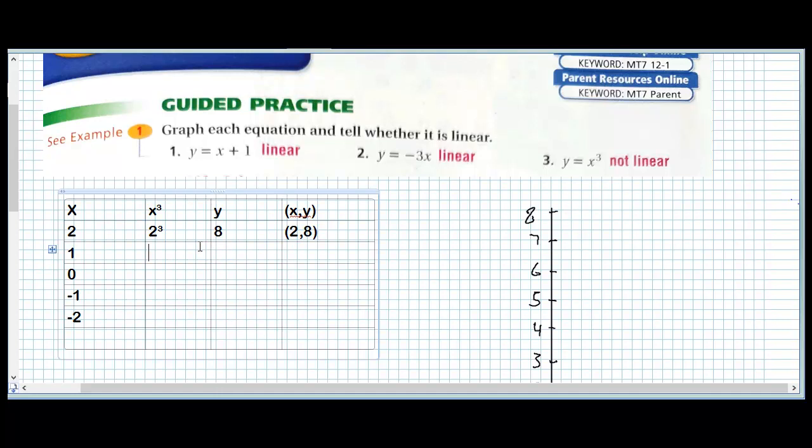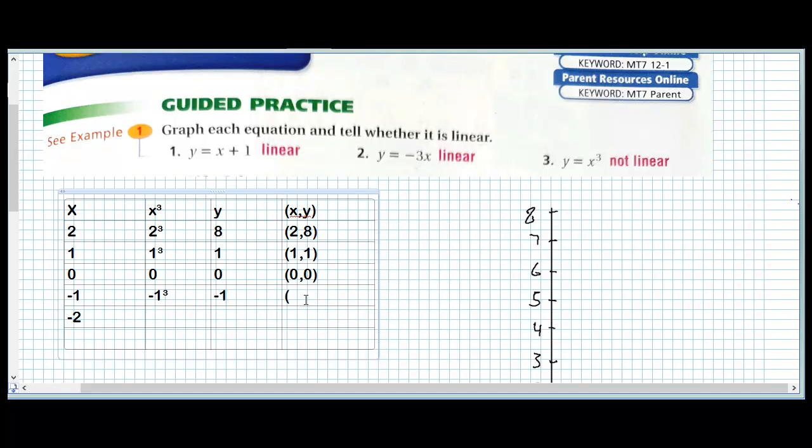Next one is 1. 1 to the power of 3 is 1. So the point will be 1 and 1. Next is 0. 0 to the power of 3 is 0. So the point will be 0 and 0. Next is -1 to the power of 3. The answer will be -1.